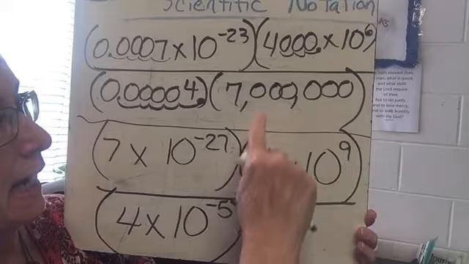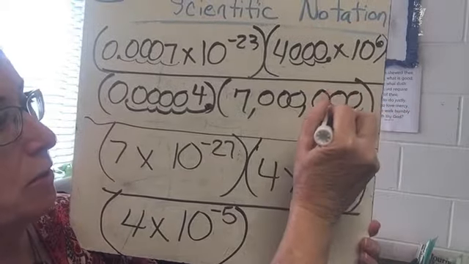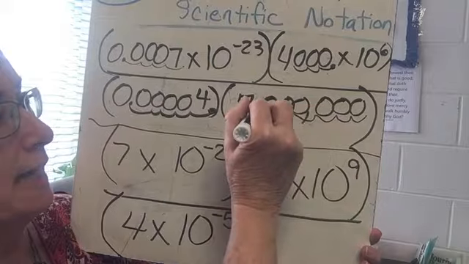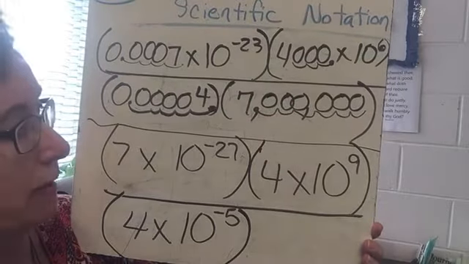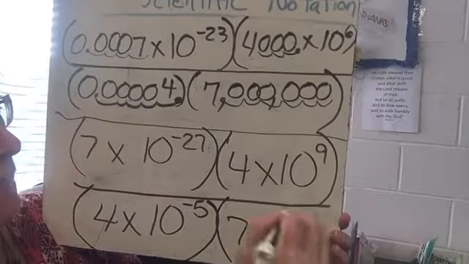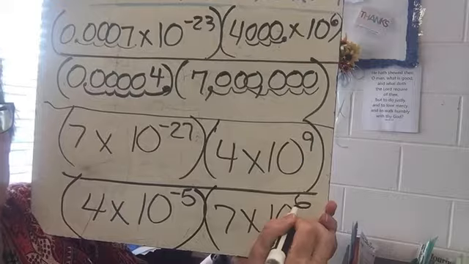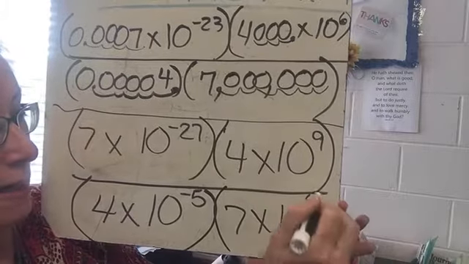And then lastly, we have 7. We need this decimal 1, 2, 3, 4, 5, 6 places to the left. So that's going to be 7 times 10. Since I moved it 6 to the left, then this exponent needs to move it 6 to the right.